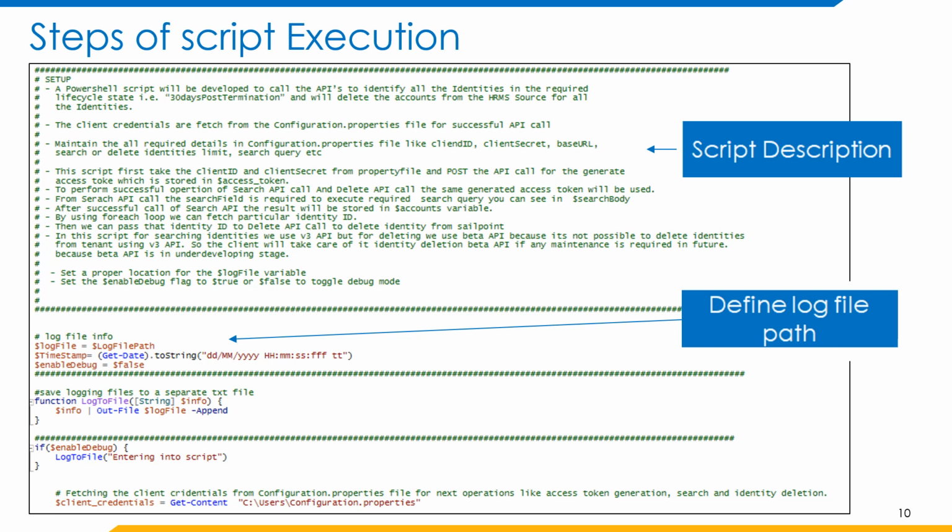We may also specify the log file directory, timestamp and the debug value as part of the setup. In the helper function, we can write our executable code to achieve the requirement. Helper functions support all the functionality of the PowerShell by using PowerShell commands. Let us see the first step of script execution.